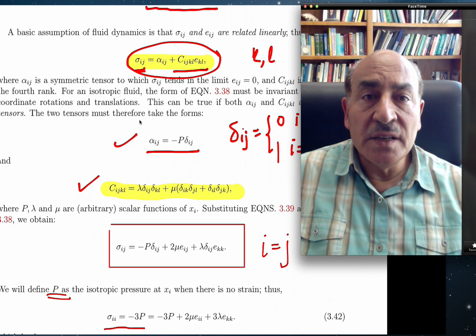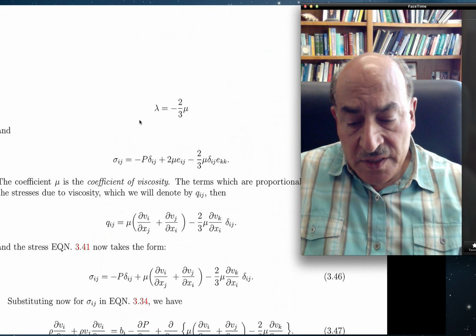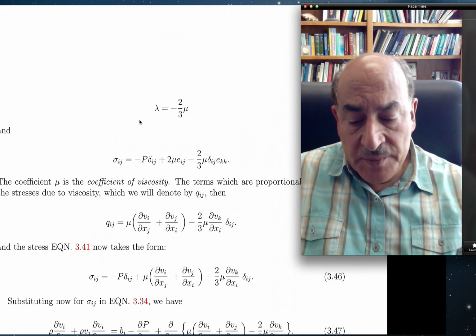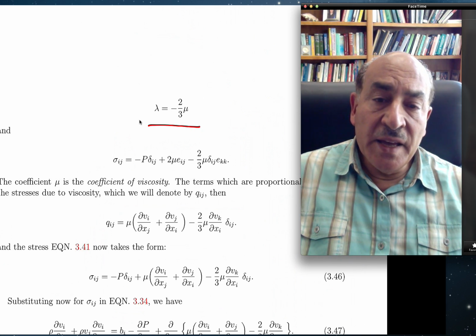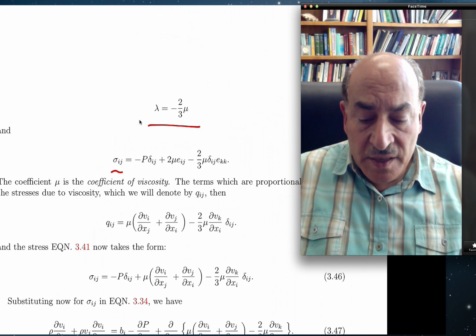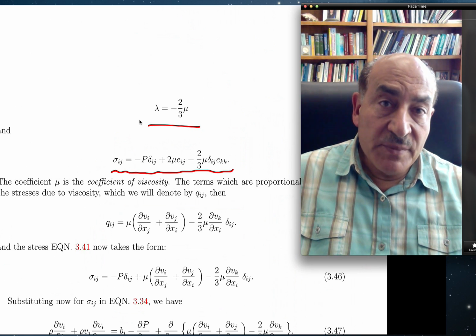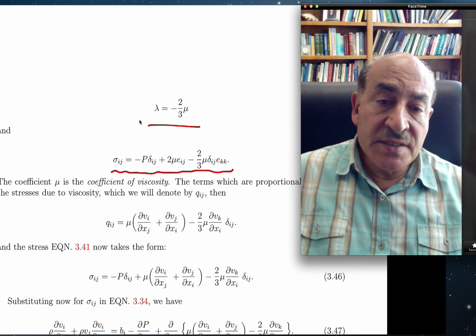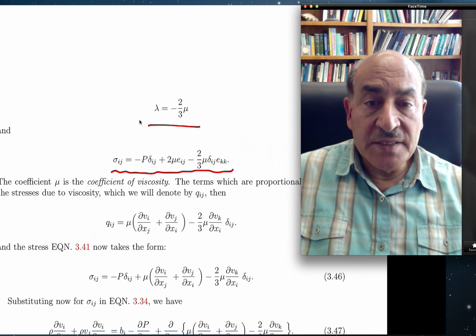So with that, we must conclude that lambda must be equal to minus 2/3 of mu, and we can now plug it back to get the relationship which we've been trying to establish between the stress and the strain rate, or the velocity gradients.